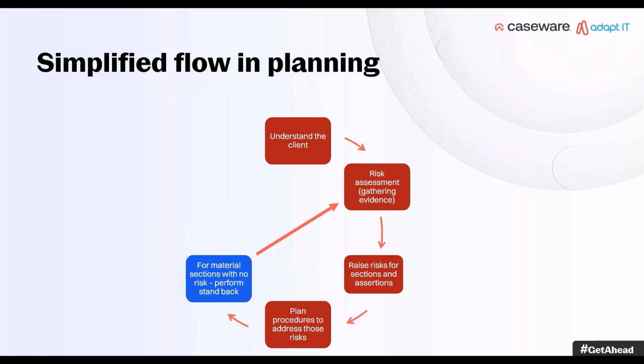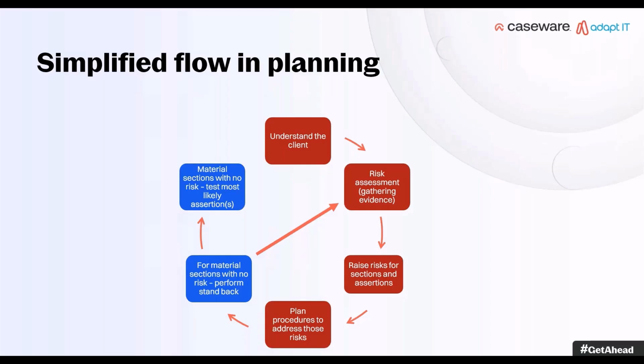Then for material sections with no risk, we'll perform a stand back, and even if we conclude that, having performed the stand back, we agree there is no risk of material misstatement to identify for this account or this section, the standard then says, right, we're sure you didn't identify the risk that may be there, but you still need to perform some substantive work on that material balance.